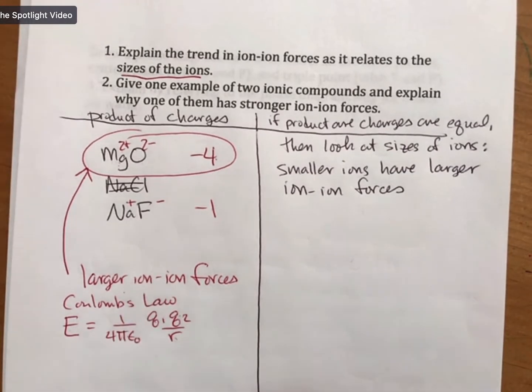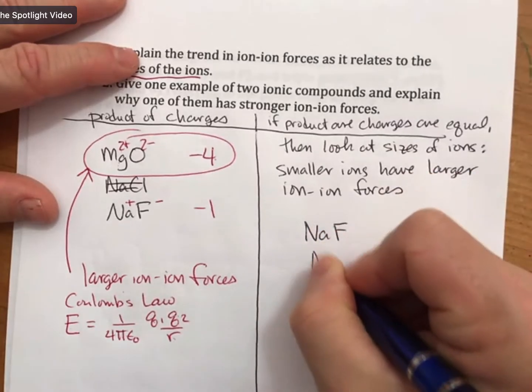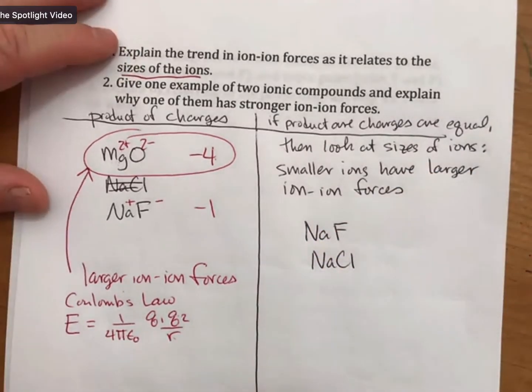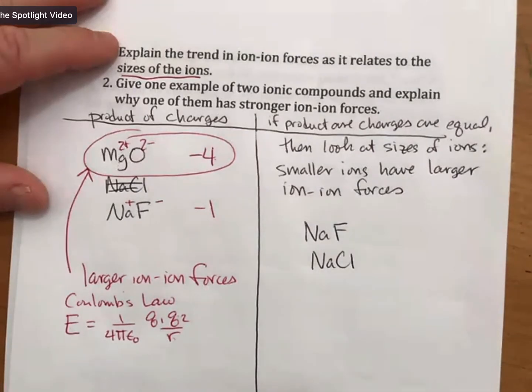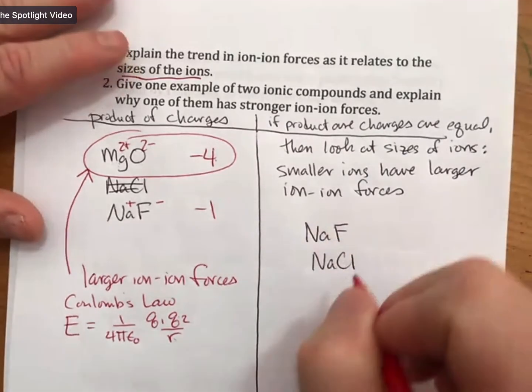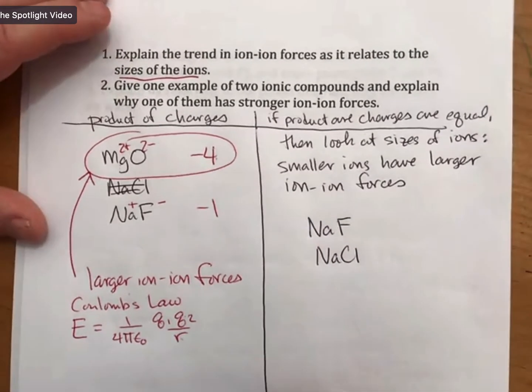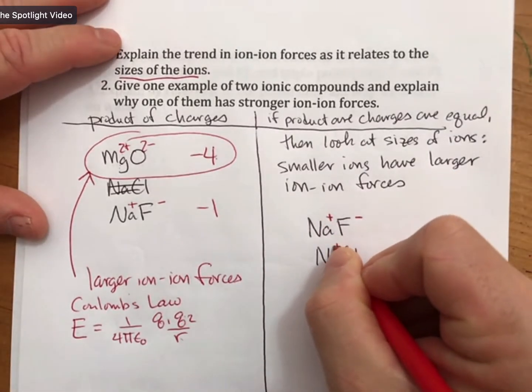Now, let's suppose you have sodium fluoride versus sodium chloride. If we look at the product of charges, and we always look at the product of charges first, because it's the bigger trend, the trend with the larger magnitude, this is going to be +1, -1, +1, -1.